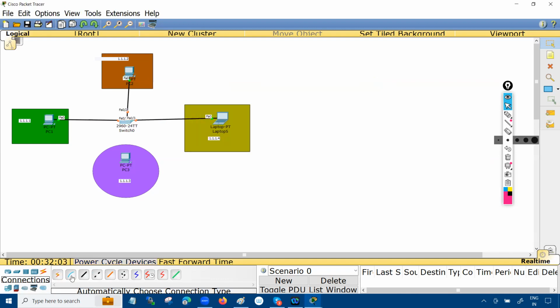So we have different interfaces: 0/3, 0/4, and 0/2 as well. Hold on, the spanning tree protocol is going on.